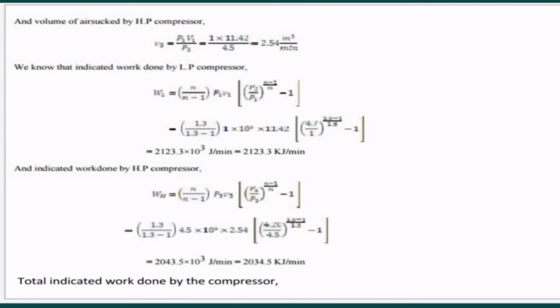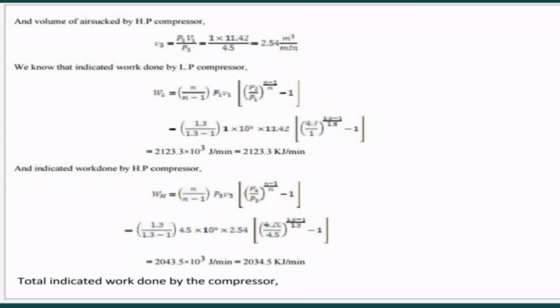or 2123.3 kilojoule per minute. And for the indicated work done by the HP compressor, or high pressure compressor, WH is equal to n over n minus 1 times P3 times V3 times the parenthesis of P4 over P3 raised to n minus 1 over n, minus 1.